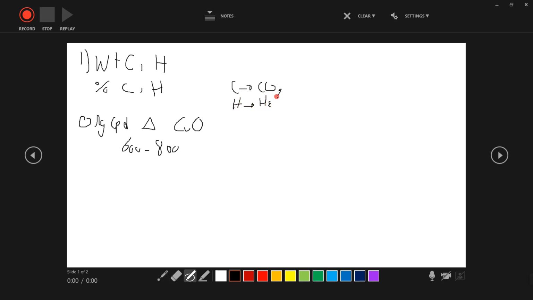Okay, we said that we are working in something called a combustion train. This is the combustion train. Okay, like this. Here I put the organic compound together with the copper oxide and I heat. We said that two things will be produced. Carbon dioxide is a gas and water is a liquid.